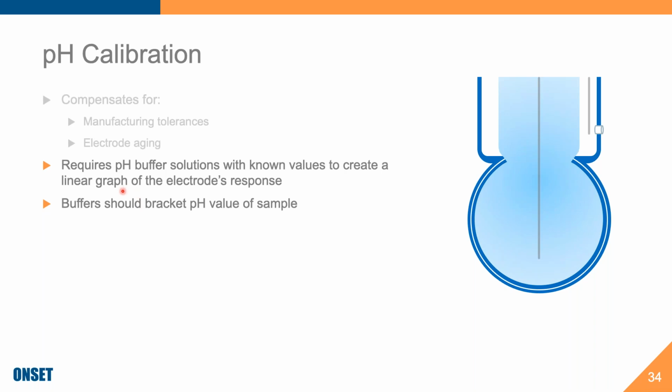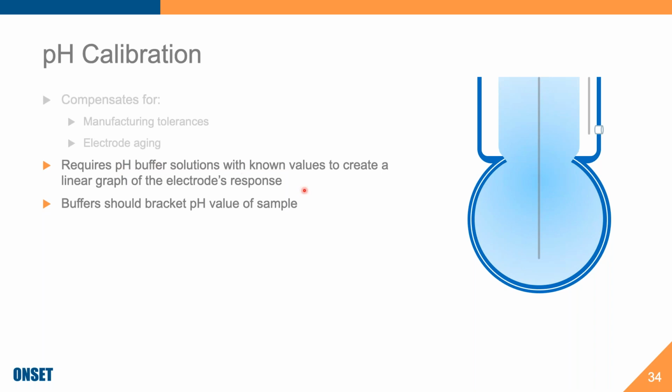Depending on the manufacturer of your meter or your logger or your sonde, you'll have hopefully at a minimum 2 pH buffer solutions recommended by the manufacturer, and maybe 3, and there are 3 standard ones that a lot of people use: 4, 7, and 10. But for different applications, you might require different calibration buffers, so you'll want to make sure that you are using the correct buffers.